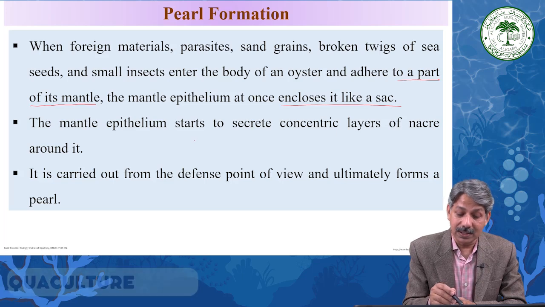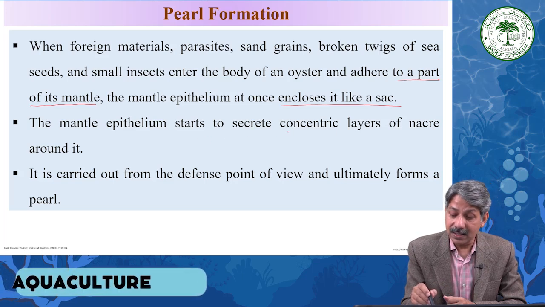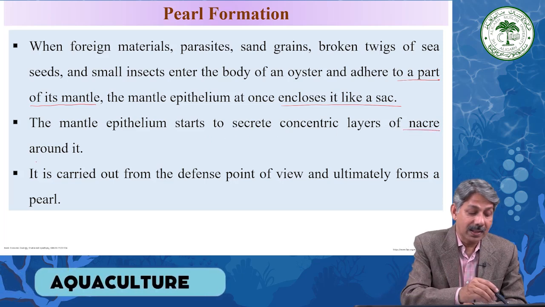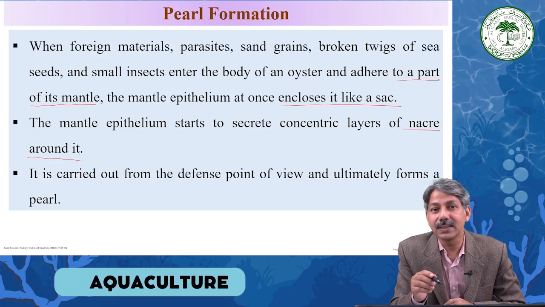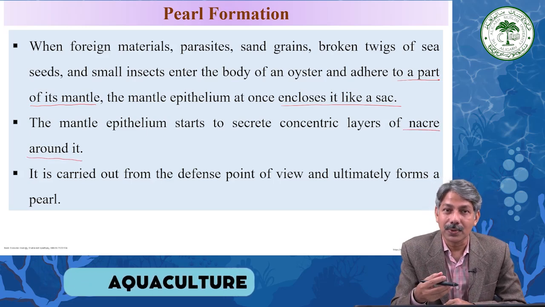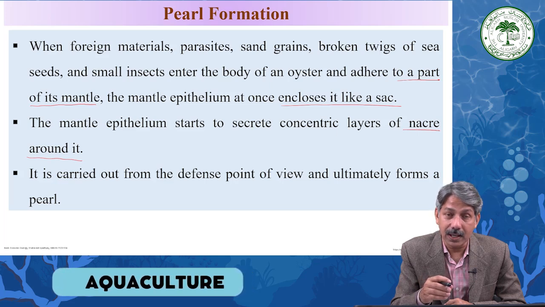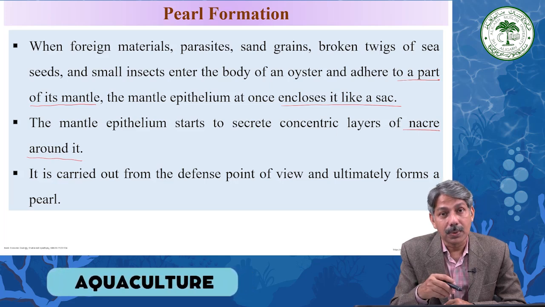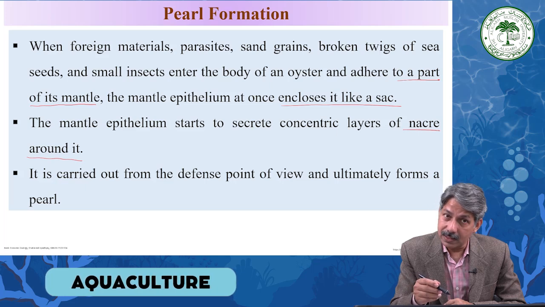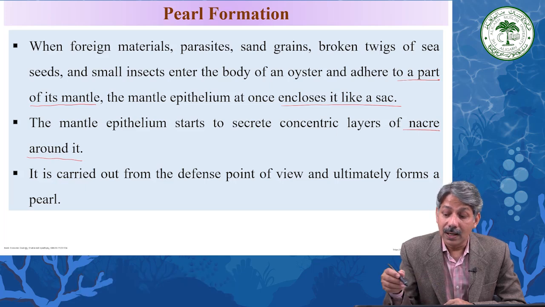The mantle epithelium starts to secrete concentric layers of nacre around it. This is the main concept of how pearl formation occurs. If any foreign body has entered the body of the pearl oyster and adheres to the mantle, the mantle epithelium secretes concentric layers of nacre around it and encloses the foreign body like a sac.